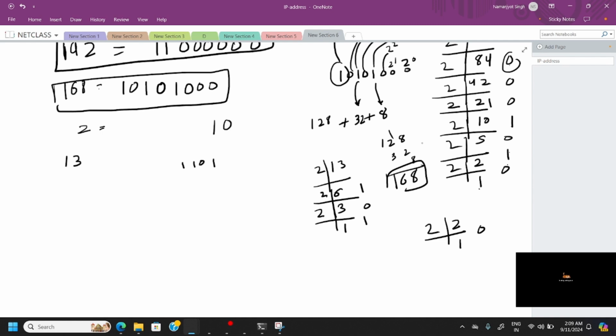Okay, but this is 4 octets, right? And 1 octet is 8 bits, so we need to represent 2 as 8 bits. So we will add 0s in the further bits, 1 2 3 4 5 6 7 8. Again the same case, 13 is 4 bits, we need to make it 8 bits, so the bits ahead would be 0.